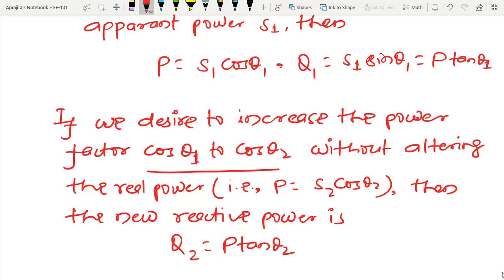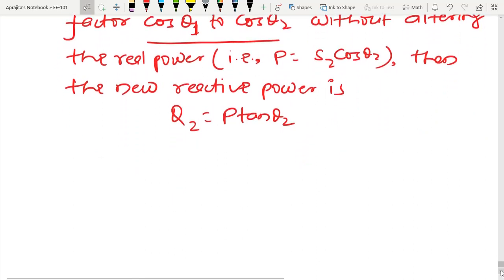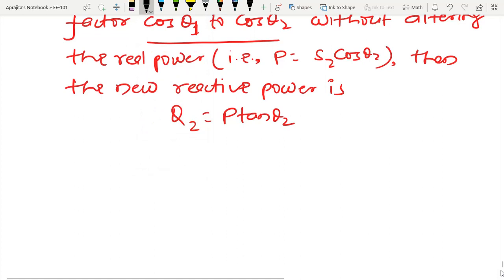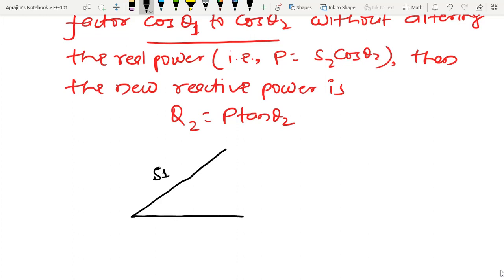So now let us try to draw the power triangle for both cases. Try to see the situation. Initially I have this equal to S1, that is apparent power, or from apparent power I can also write the complex power, and if I write that, then I will use the capital letter.